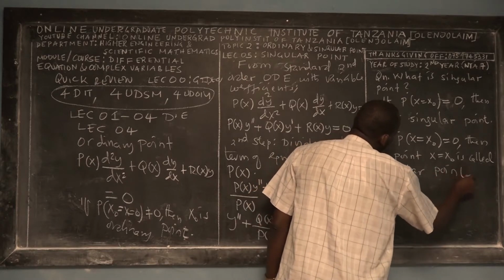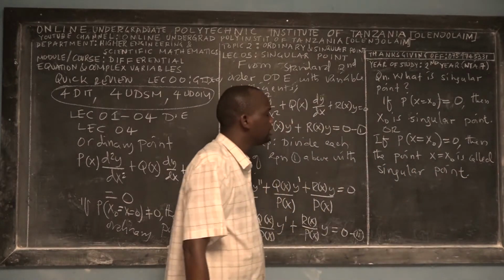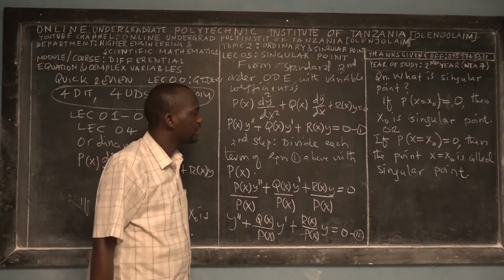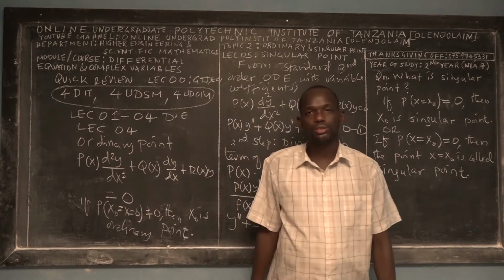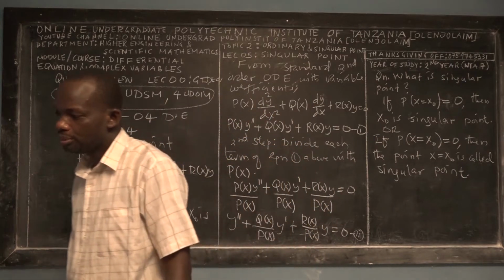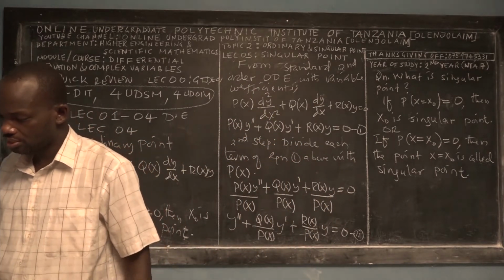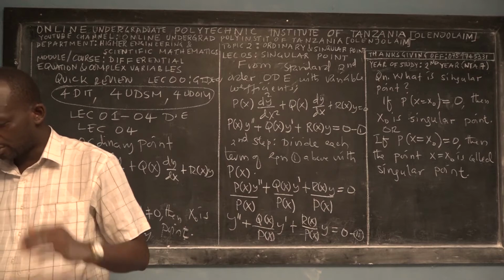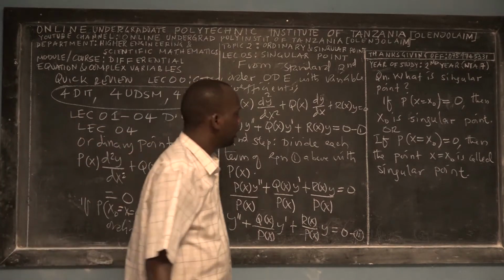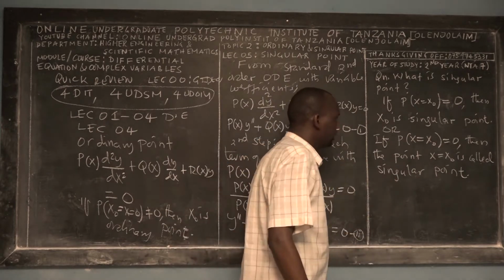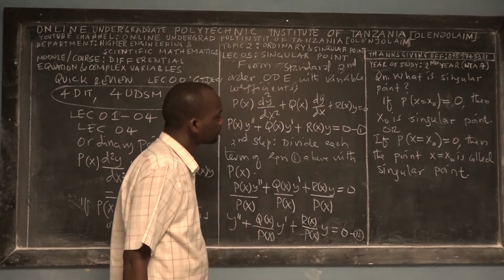So the condition for the point to be singular is that P of x is equal to 0. This is the only condition for the point to be a singular point.